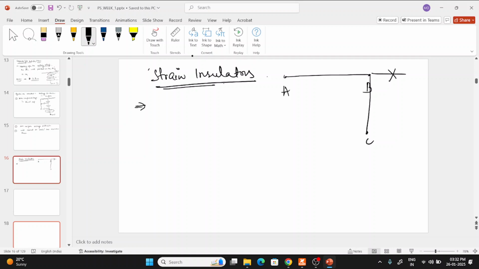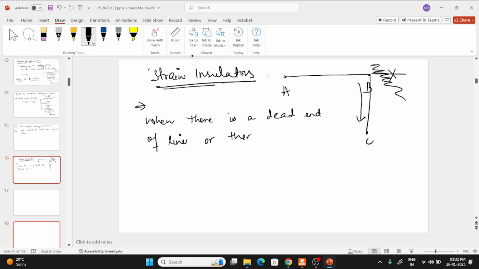So where are strain type insulators used? When there is a dead end, because beyond this there is no line, the line has to move like this. When there is a dead end of the line, or there is a sharp turn.